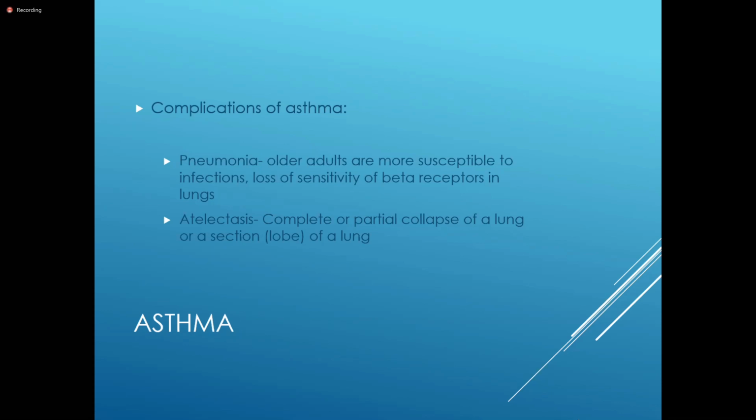So these are a couple complications from asthma. So your asthma patient themselves can recover. They can get their breathing treatment. They can get their albuterol. They can open their airway. But here are some things that can happen with repeated attacks and more likely to happen, particularly for older adult patients.